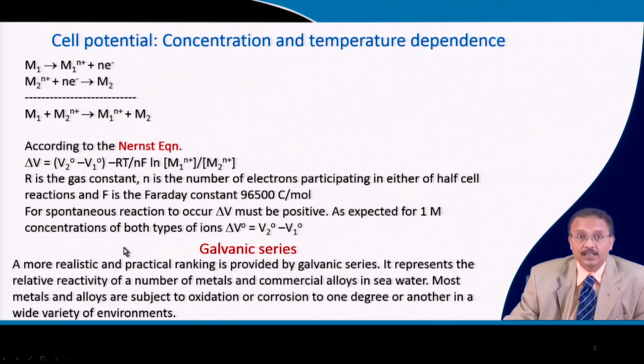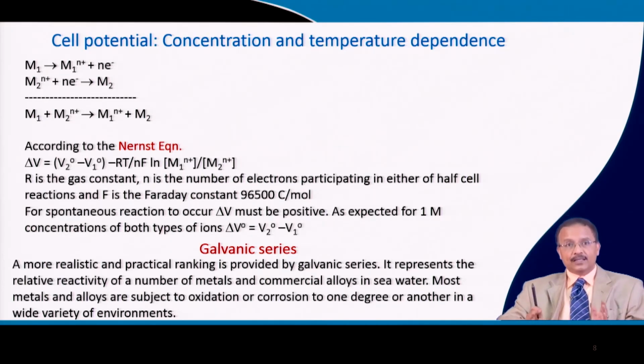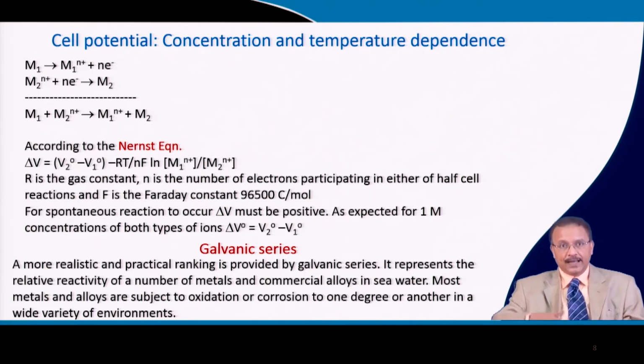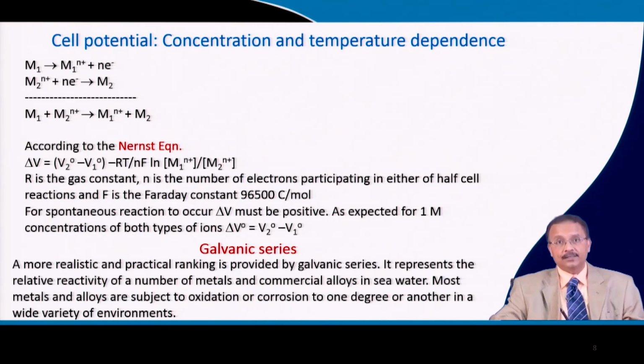For a spontaneous reaction to occur, the del V value must be positive. As expected, for 1 molar concentration of both types of ion, the standard case, del V 0 is nothing but the standard electrode potential V2 0 minus V1 0. A more realistic, practical ranking is provided in terms of the galvanic series.